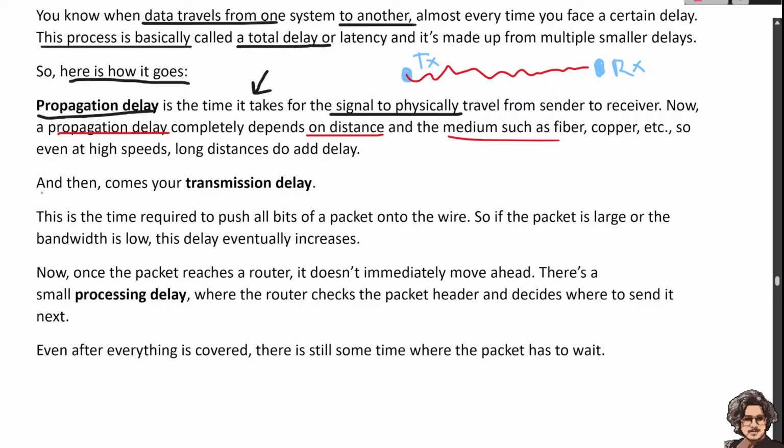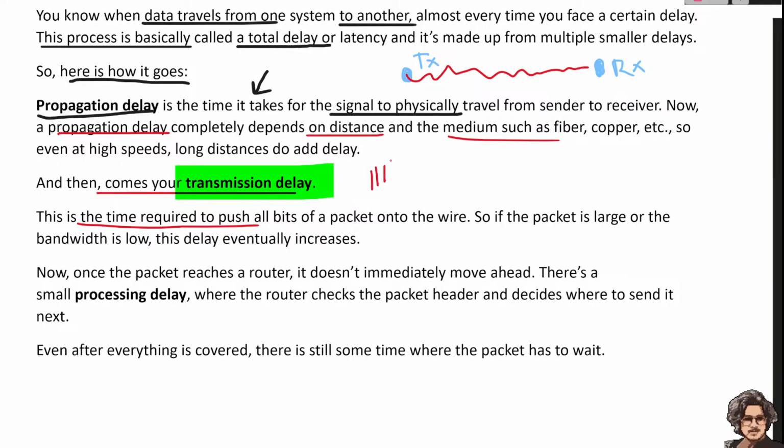Then we come to transmission delay. Propagation delay is the physical travel from the transmitter to the receiver through a medium like copper. Transmission delay is the time required to push all the bits of a packet into the wire.